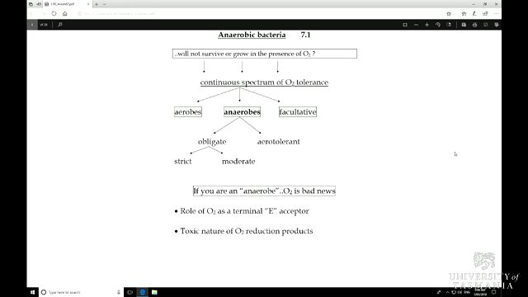For us, it doesn't matter because we can easily achieve about 1 or 2% oxygen in most conditions. So we're good at growing and handling these kinds of anaerobes, the ones that are moderate. We're not very good at the ones that are super strictly anaerobic.